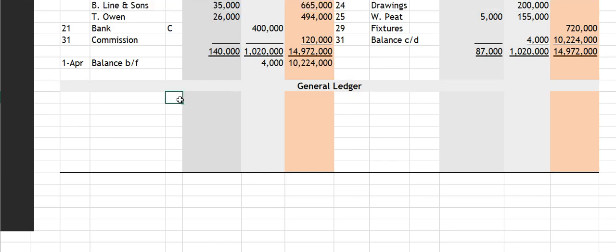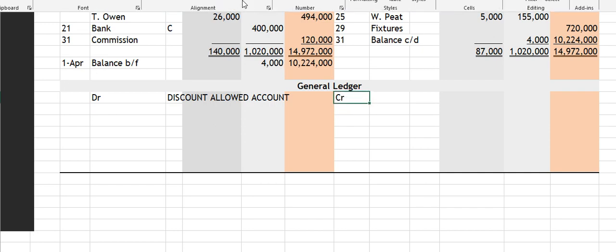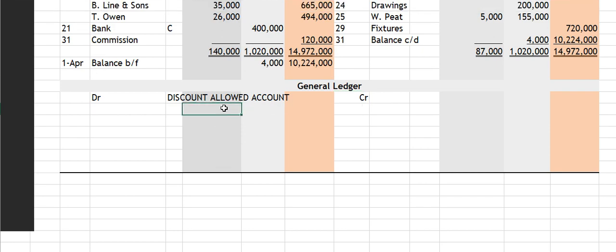Now in my general ledger, I'll prepare a discount allowed account. This is the debit, and then this is the credit of my discount allowed. It's just a T account.